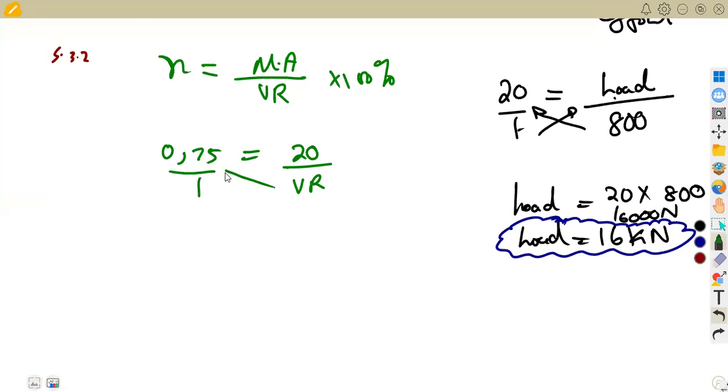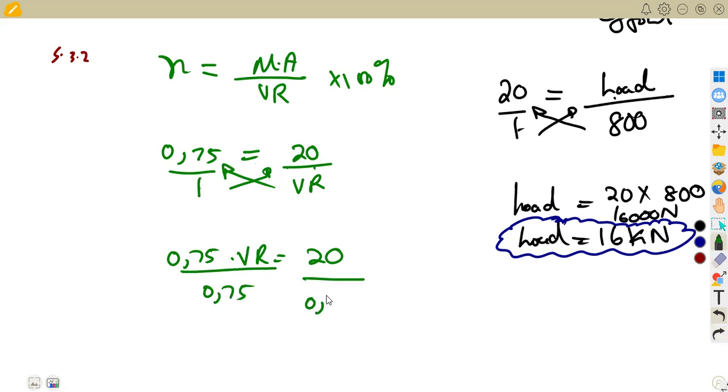So that is going to give us the displacement ratio. If we cross multiply, that's going to be 0.75 times VR is equal to 1 times 20 this side. That will be 20 from your mathematics. So we divide by 0.75, divide by 0.75. This is going to give us our velocity ratio in this case, which is 26.66666 and so on.